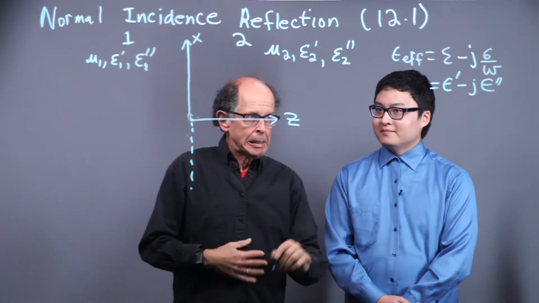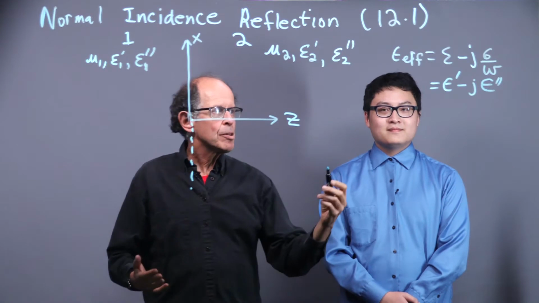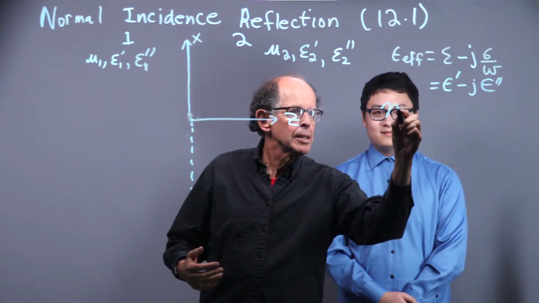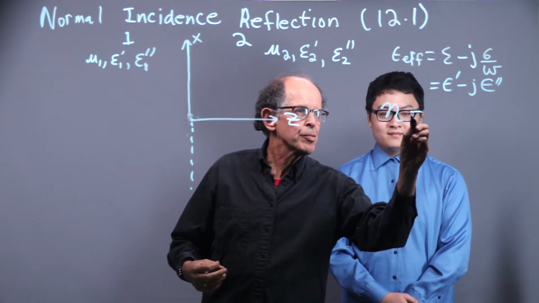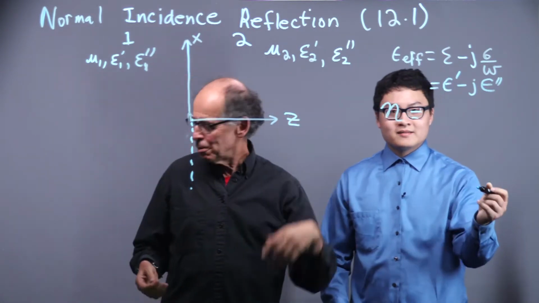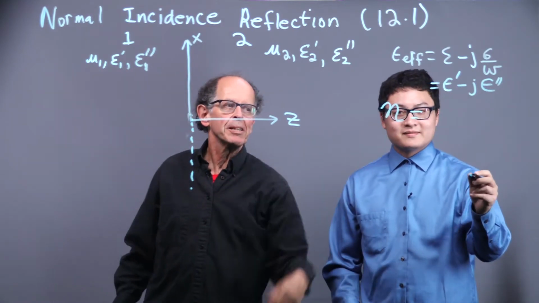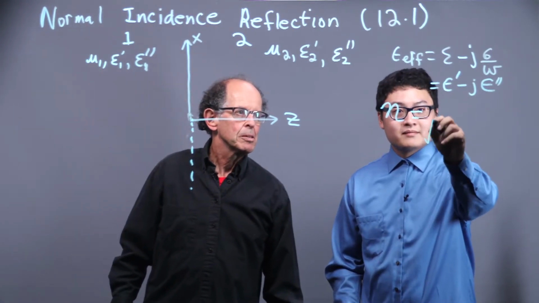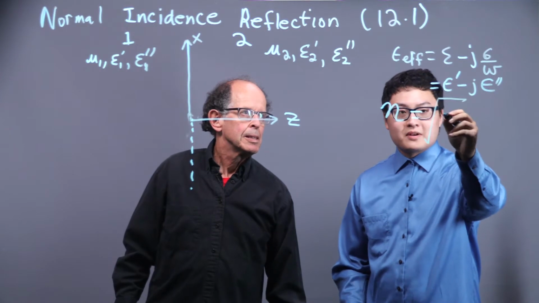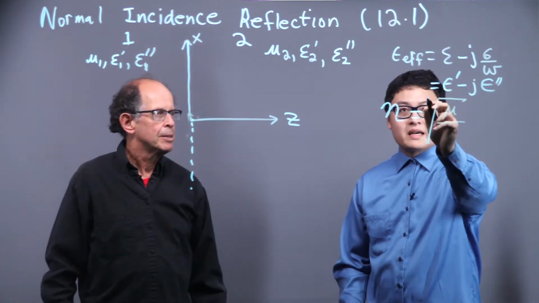Now, given epsilon effective, Sam, what is our characteristic impedance for either one of these? Pick a number, 1 or 2, whichever you like. We'll only write for one of them. So we start with mu at the top again, and then epsilon effective.